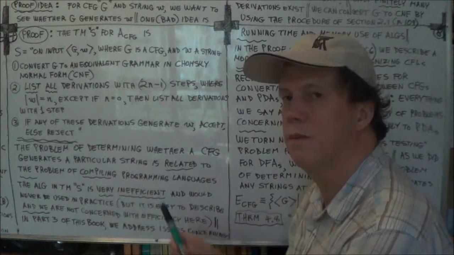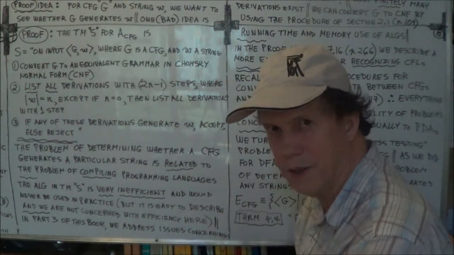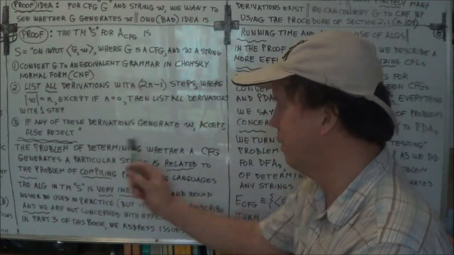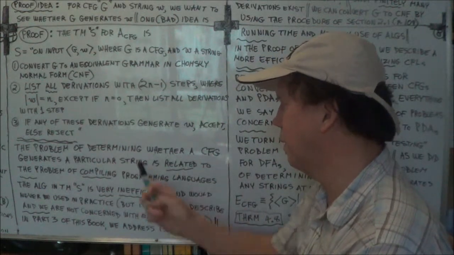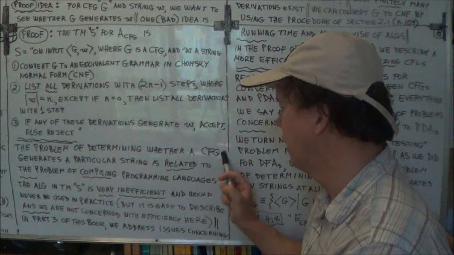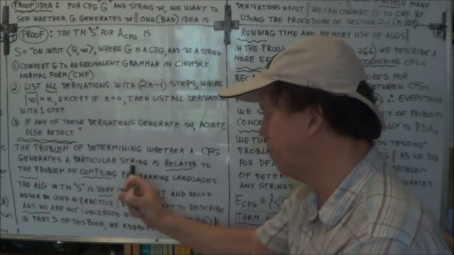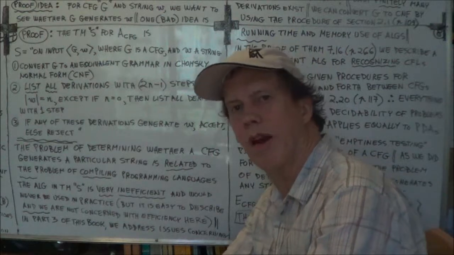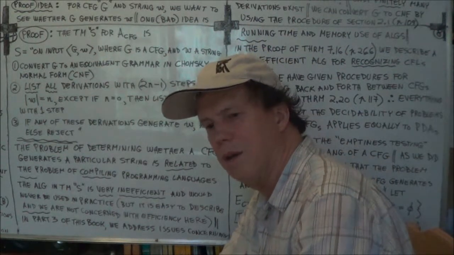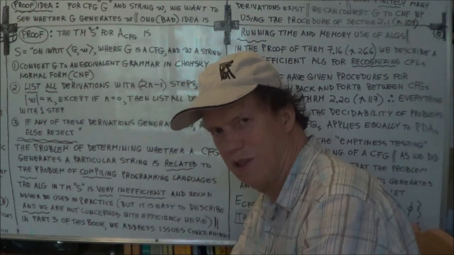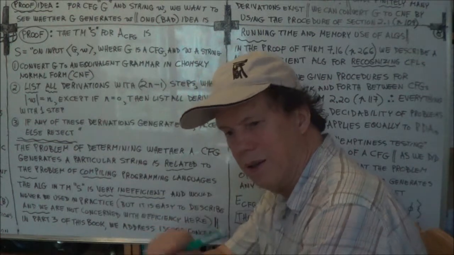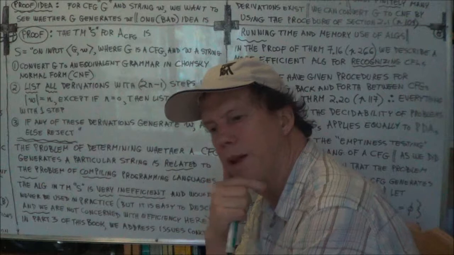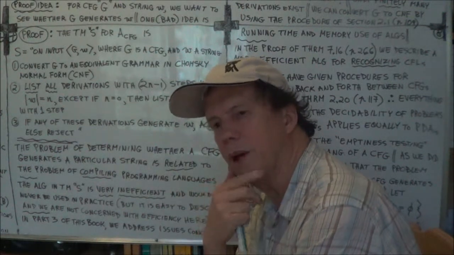If you've studied compiler theory, if you're a computer science person and you've studied the theory of compilation, the problem of whether a grammar can generate a particular string, so like somebody using a programming language types in something silly, then that particular string may not be derivable from the grammar that the compiler is using.